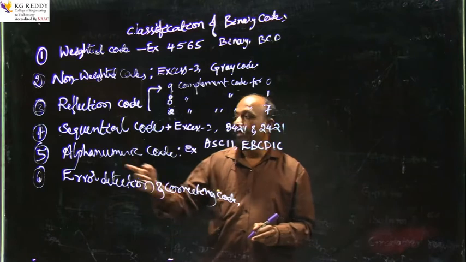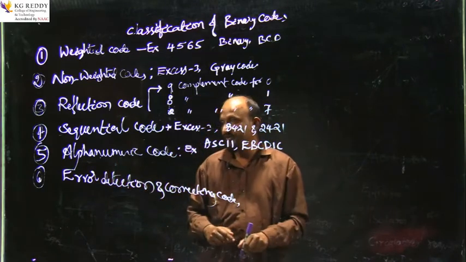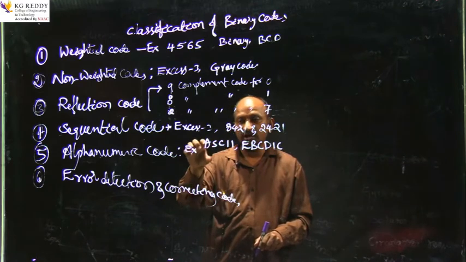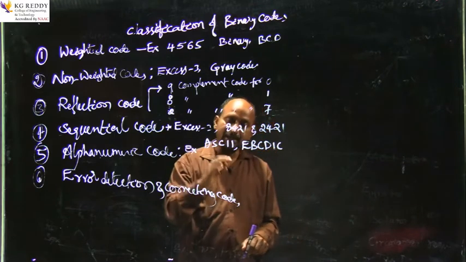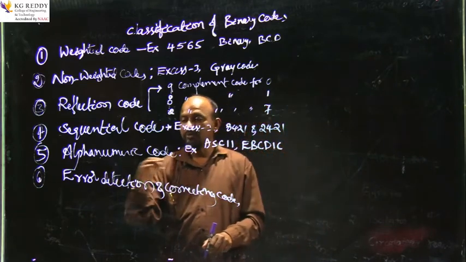These are the codes that come under the alphanumeric codes. These codes have a combination of alphabetical characters and numbers, so such types of codes come under the alphanumeric codes.